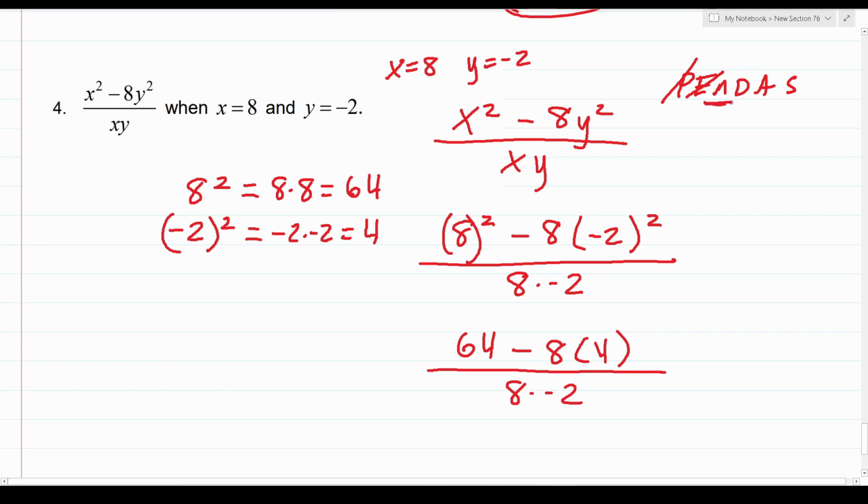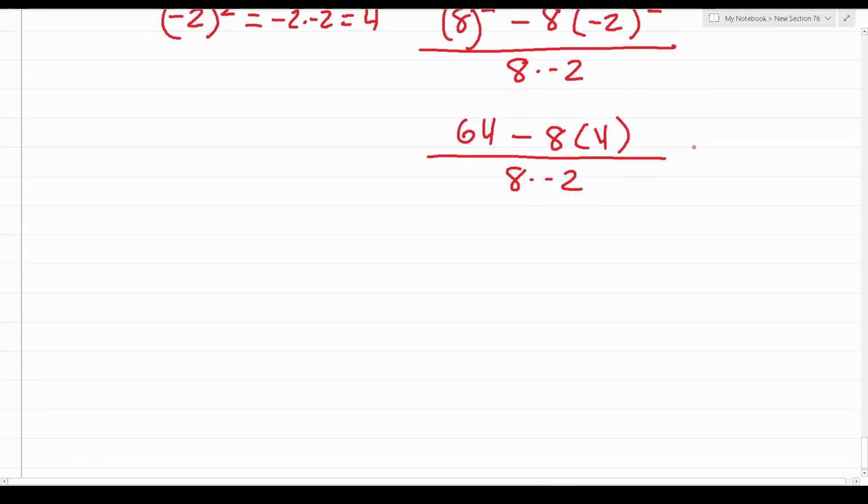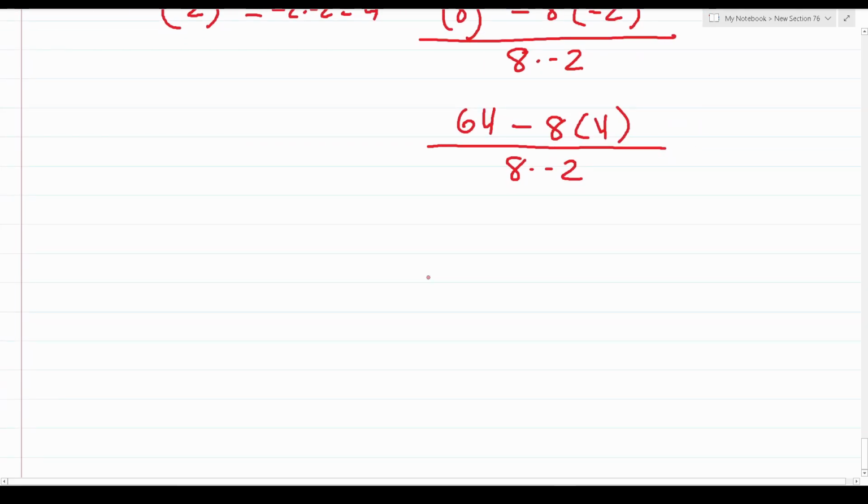So let's go ahead and take care of our multiplication, and then we'll work on our subtraction. After that, we'll go ahead and reduce this fraction. All right, so we're working on multiplication. This becomes 64 minus 8 times 4 is 32 over 8 times negative 2, which is negative 16.